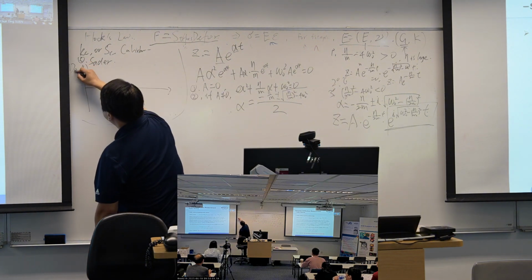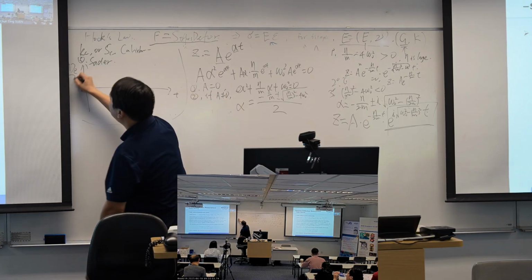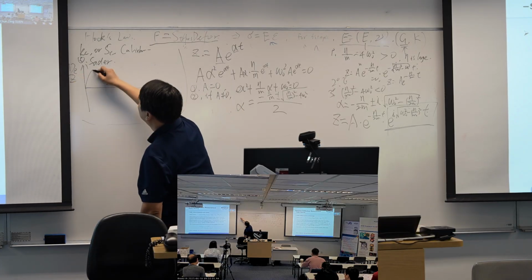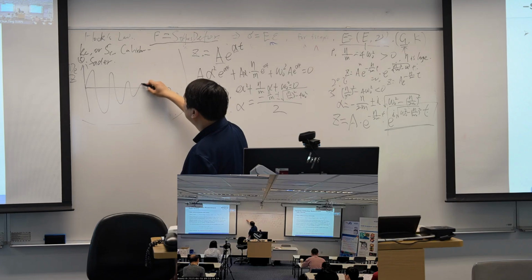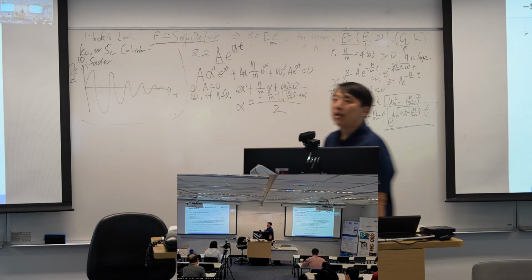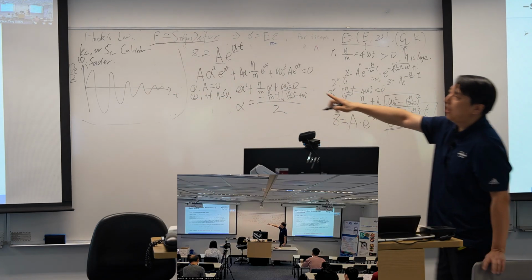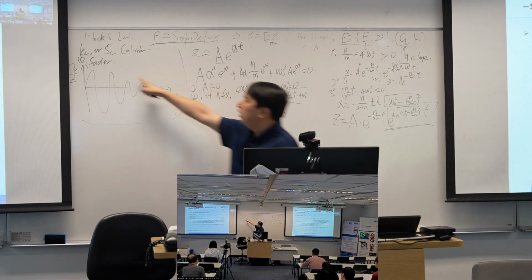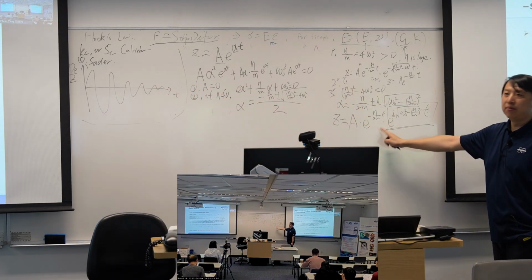This is the deflection over time, or Z over time. It's an oscillation, but its amplitude is reducing against the time.